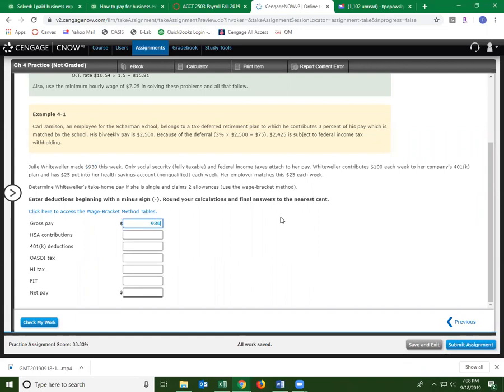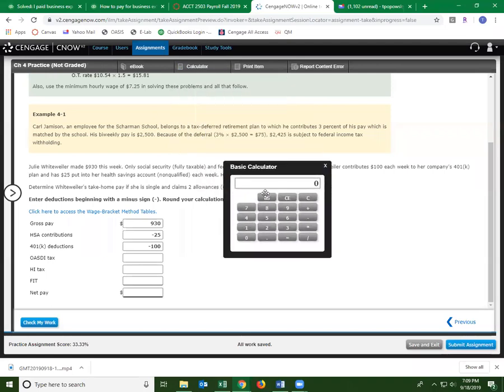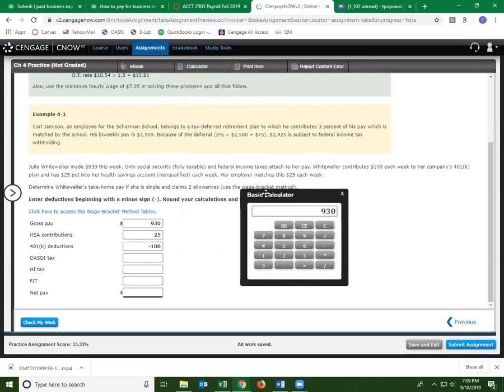So the gross pay is $930. We know she contributes $25 to HSA, so we know we need to subtract that out. And we know she contributes $100 to her 401k. So again, we need to calculate Social Security tax, OASDI and HI. When I do that, I'm going to use the full 930.